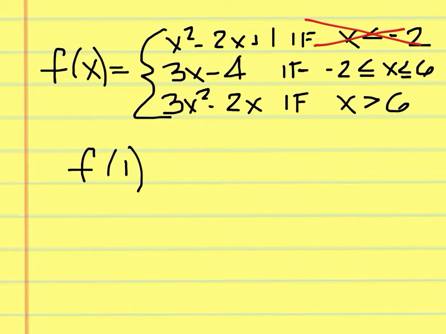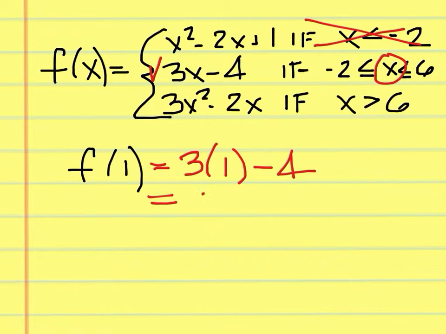No. 1 is not less than negative 2. Is 1 between negative 2 and 6? Yes. So we would use 3 times 1 minus 4. The 3x minus 4 is the function we would use. So 3 times 1 is 3, take away 4, and end up with a negative 1.